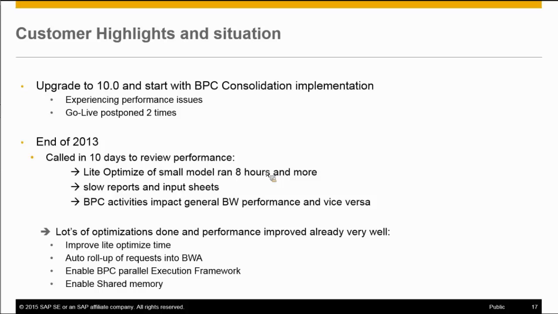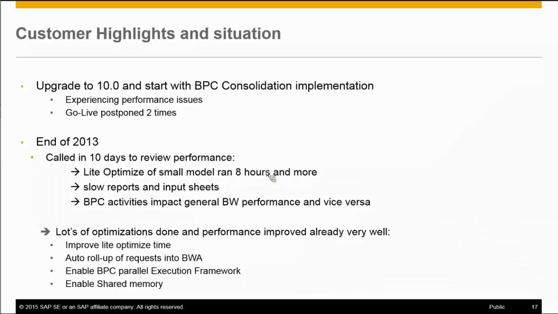But they had a lot of issues, like optimizing of the smaller models. So the one with the 17 million records ran for 8 hours and more. They had quite slow reports and input sheets, and what was the most impacted was the fact that any other BW regular activities were impacting the BPC activities and vice versa.